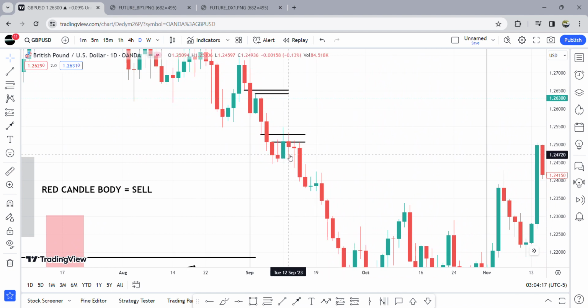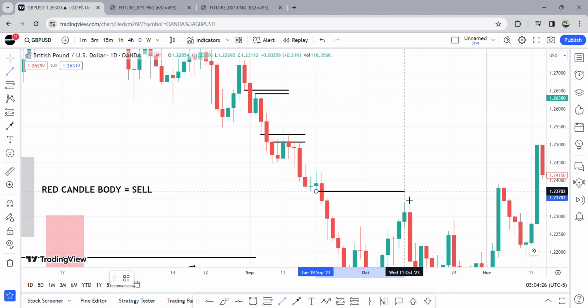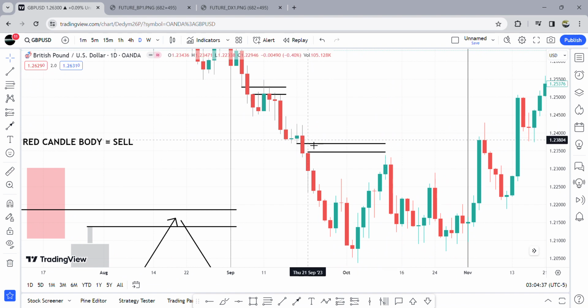No gap, no gap, no gap, no gap. Oh, here's a gap, sorry. Now here's another gap.